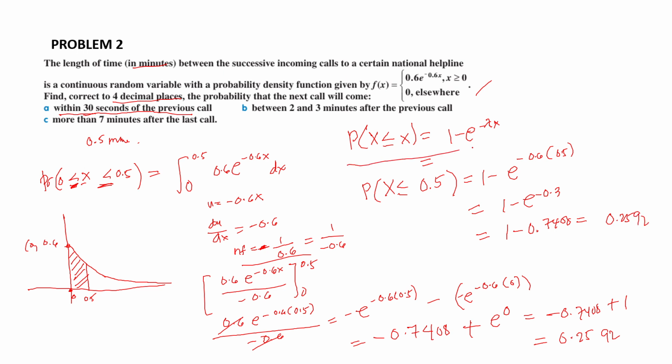So we have to take note that this is for an exponential distribution. This is the cumulative distribution function. Okay, that's it. This is the other way around in solving the problem.